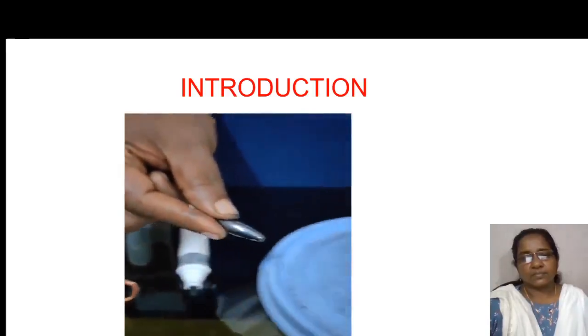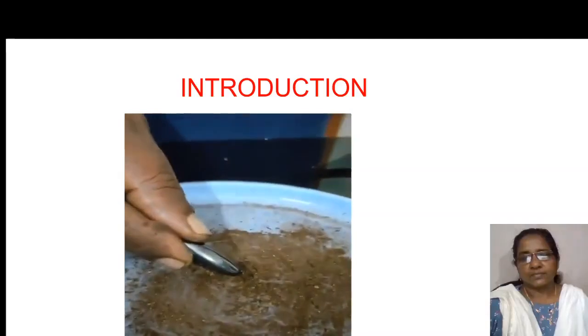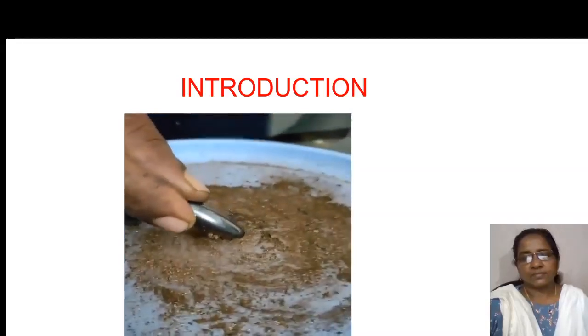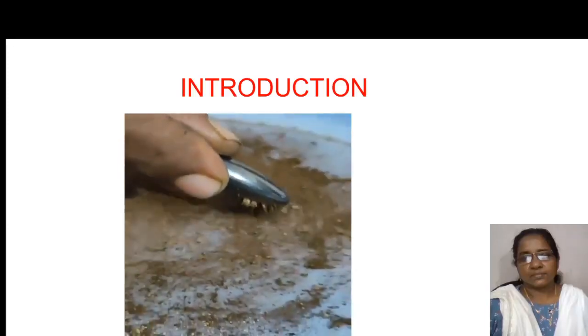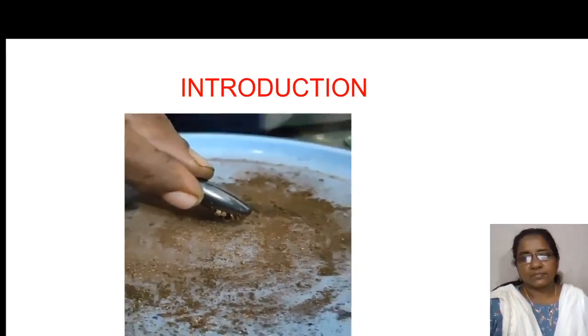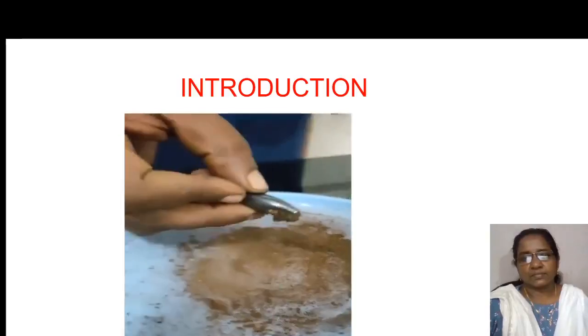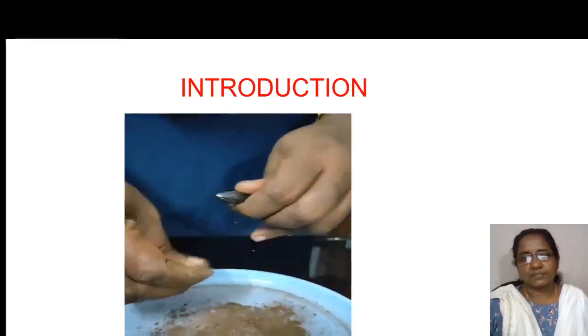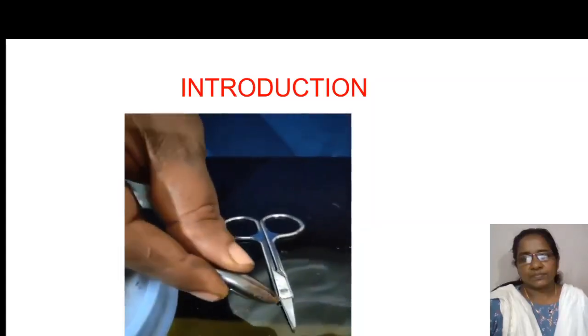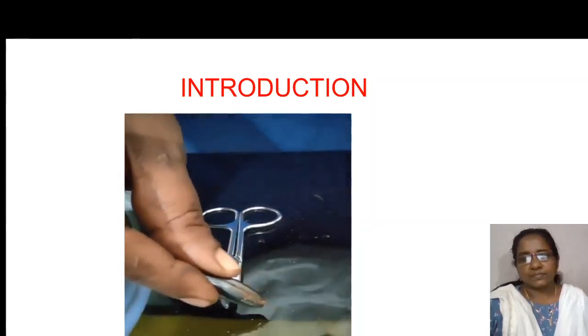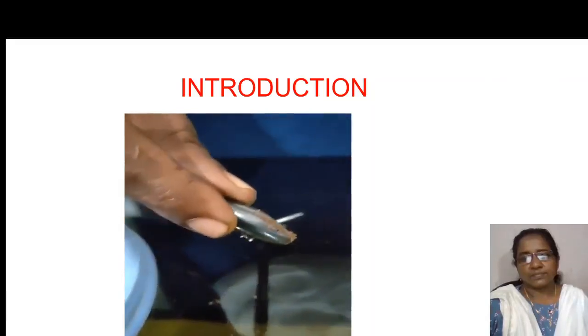Now I am moving the magnet onto this iron filings. You can see that the iron filings get attracted to the magnet. Can you see it? So this is a property of magnet. It attracts iron filings. Now I am moving this magnet towards the steel scissor and you can see the scissors got attracted to the magnet.